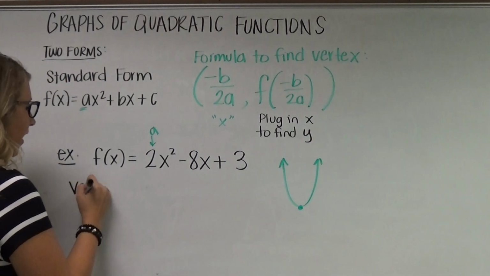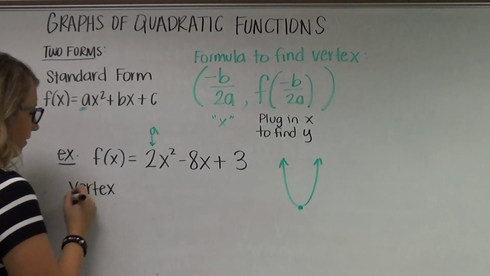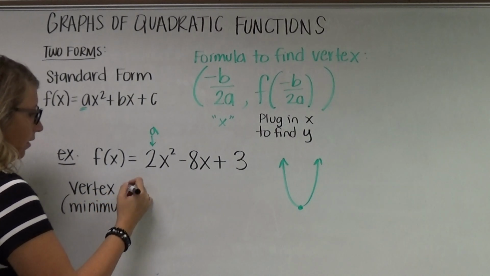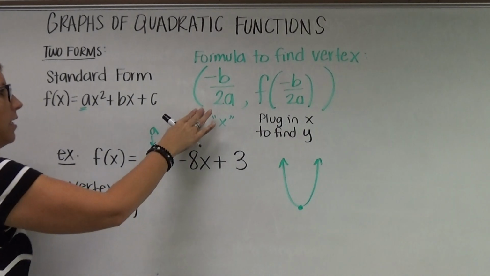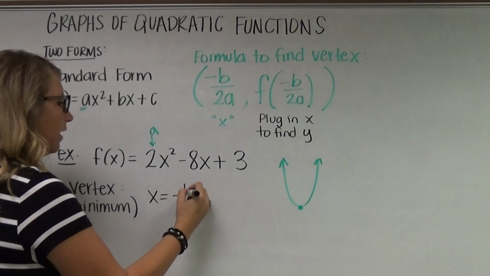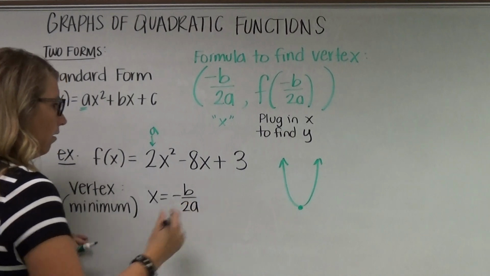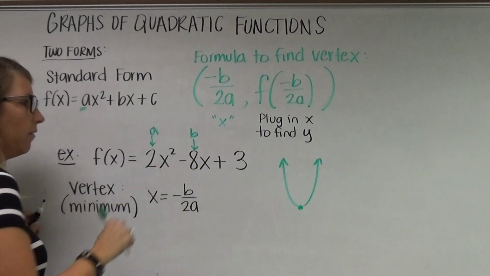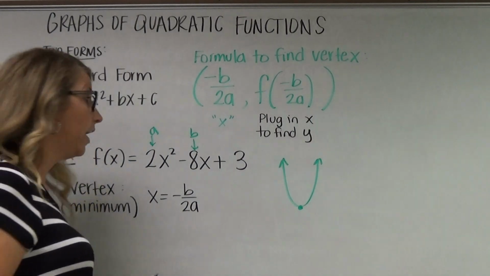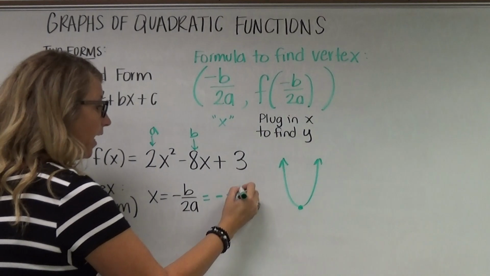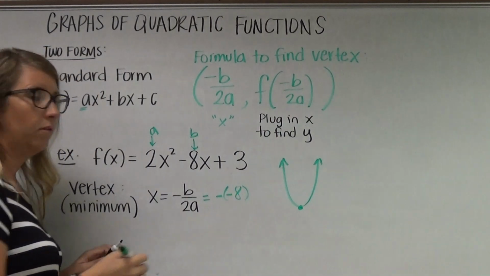Now if I'm asked to find the vertex, or in this case, the minimum, let's use this formula, -b over 2a, to do so. So my x is equal to -b over 2a. A is 2, b is -8. I don't need the 3 just yet. So, negative b. What happens when you have a double negative?